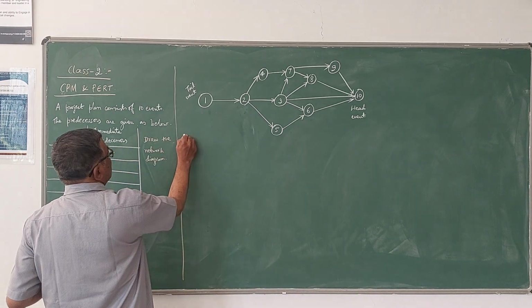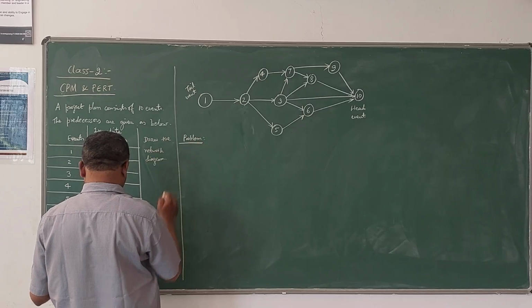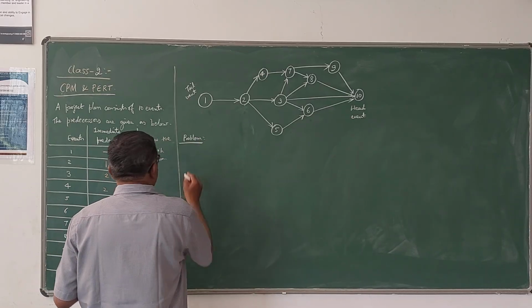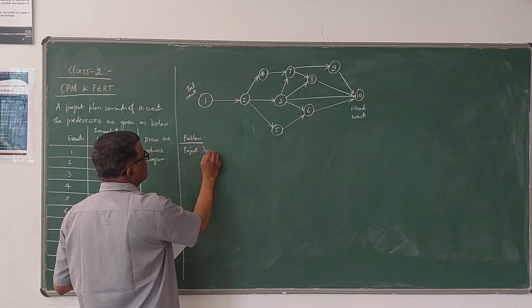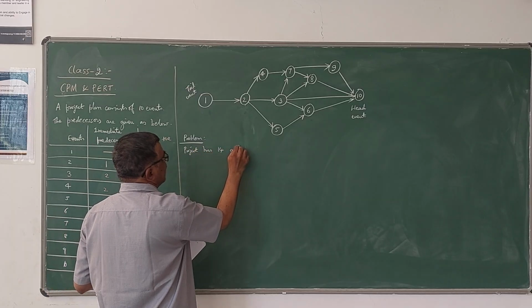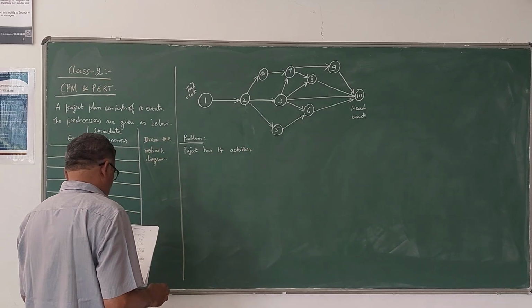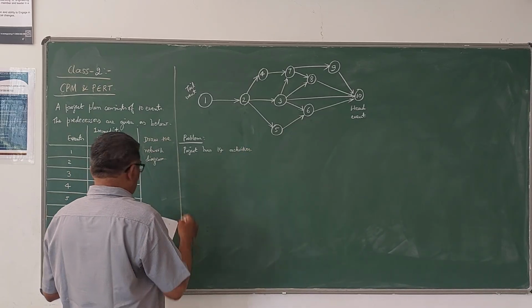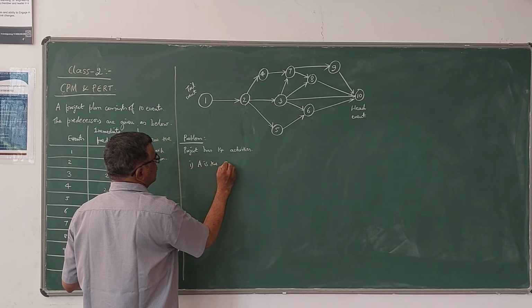See, another problem I will take here. The project has 14 activities. What he says is A is the first operation.